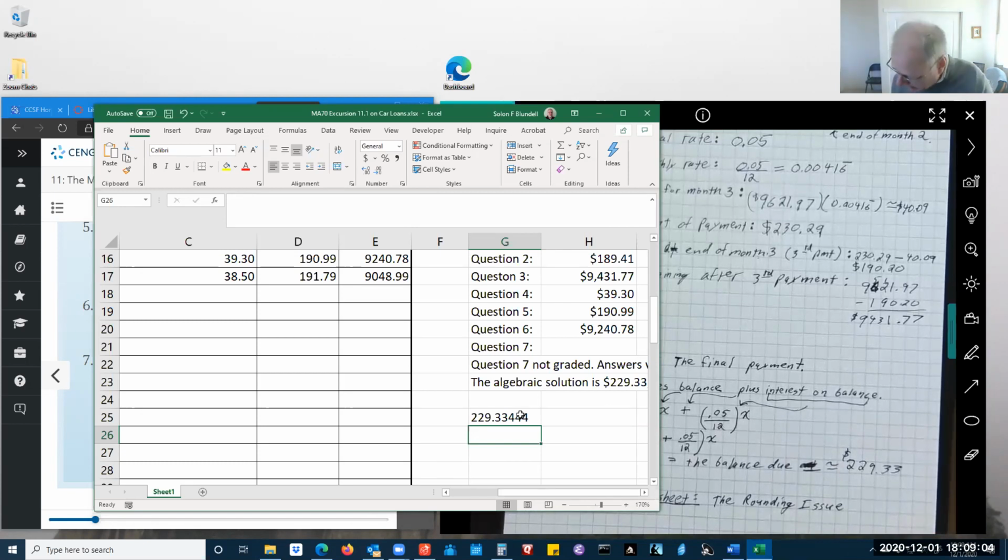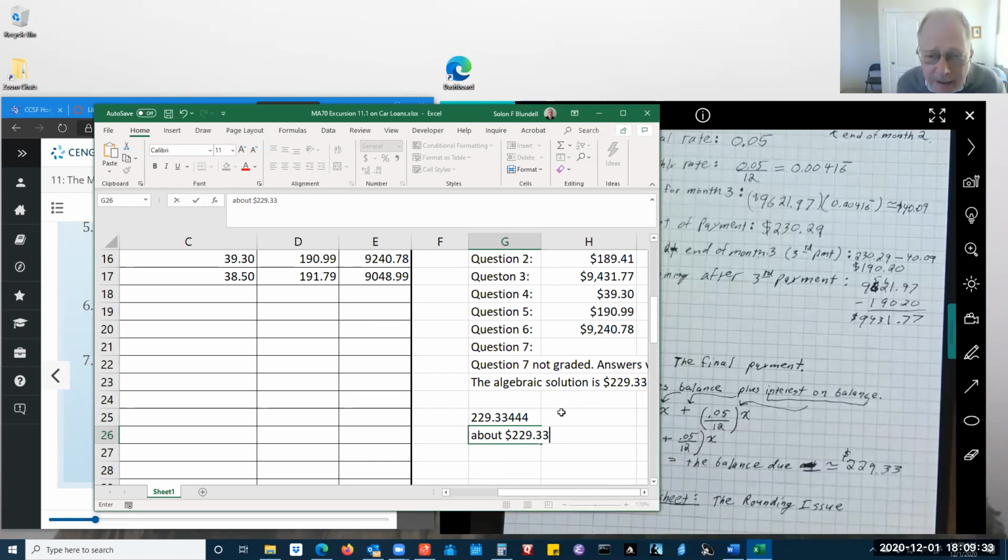So that's the balance, $229.33. But that's the answer they wanted.